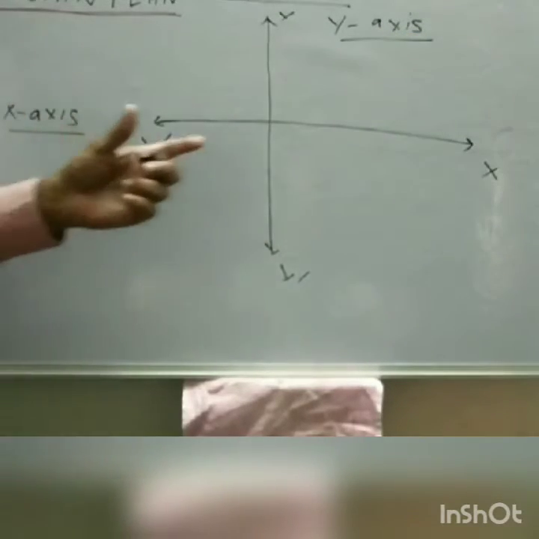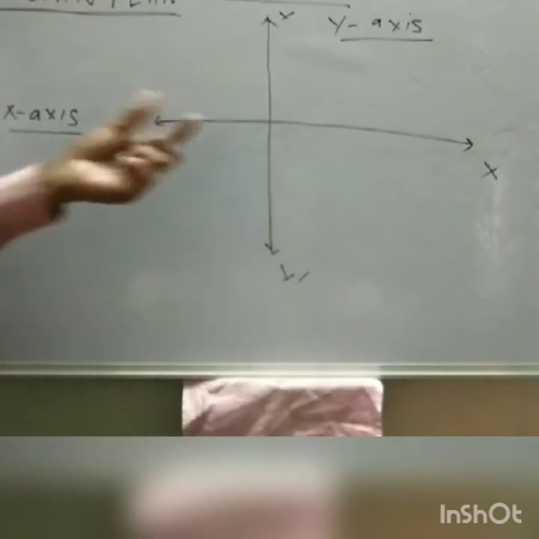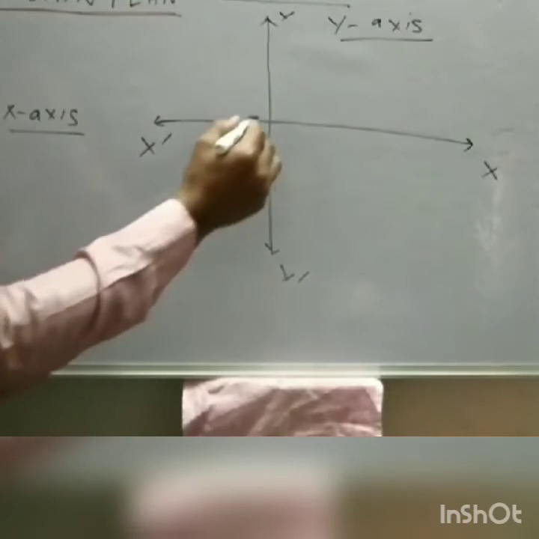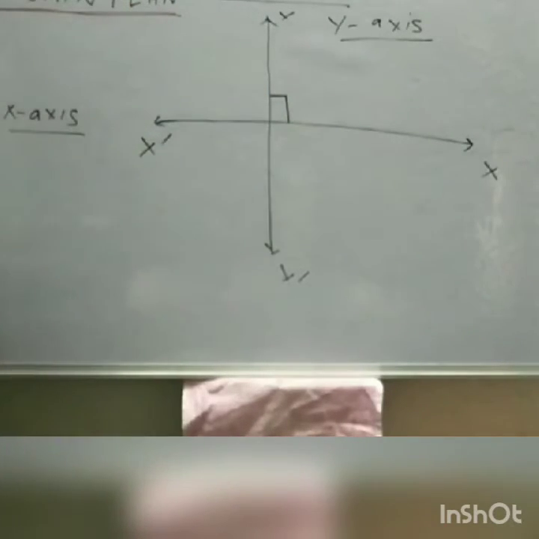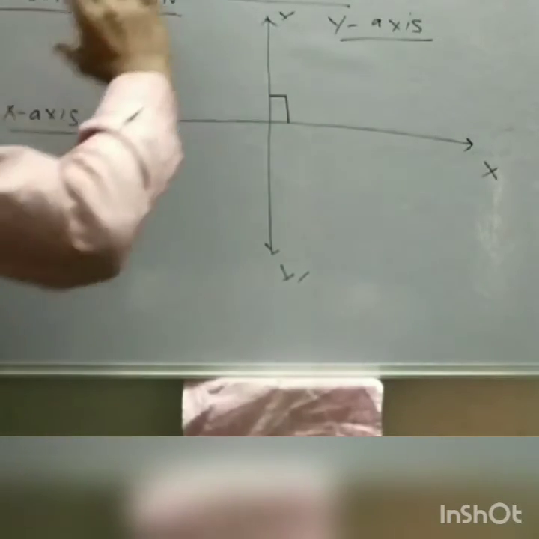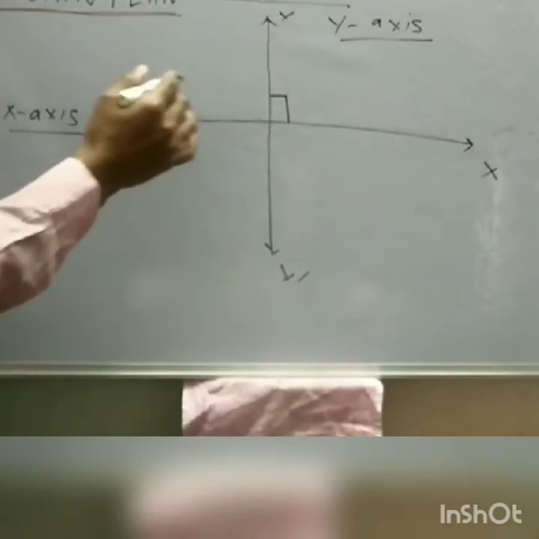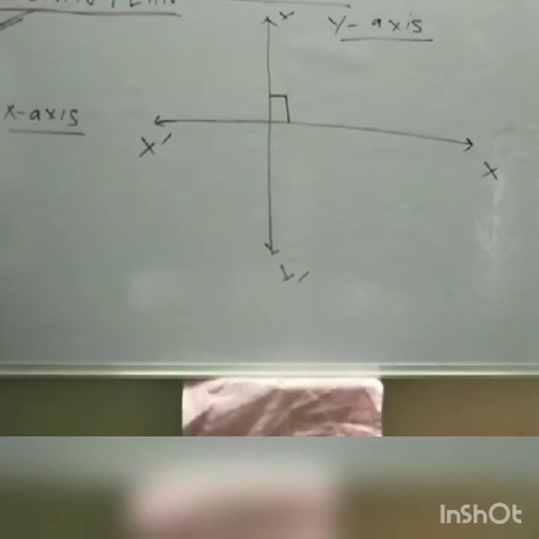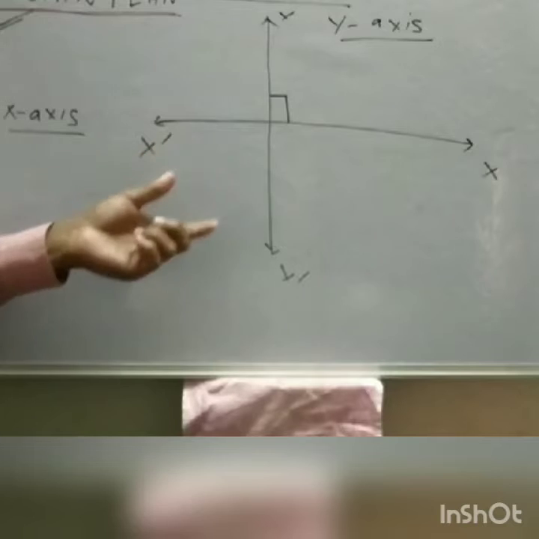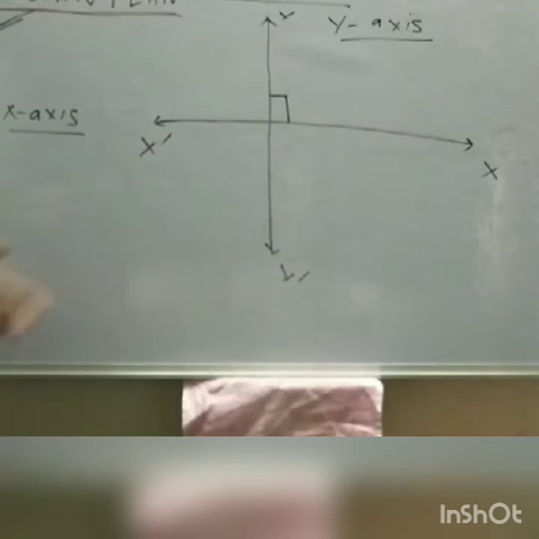When these two lines, one horizontal x-axis and vertical y-axis, intersect each other perpendicularly, then a certain plane will form, and this plane will give us the idea about a particular point, and this plane is known as the Cartesian plane. That means the plane in which two lines intersect each other perpendicularly is known as the Cartesian plane.